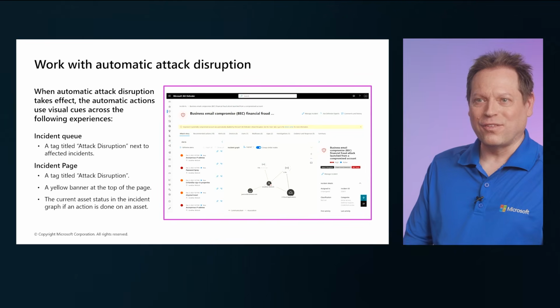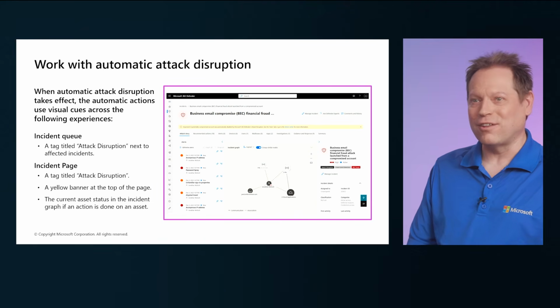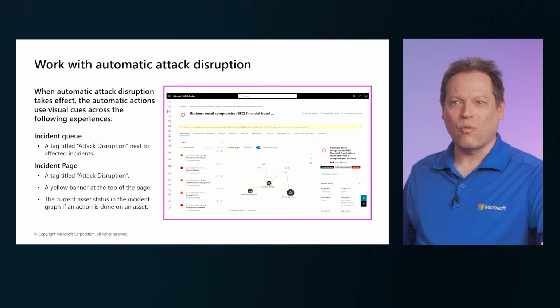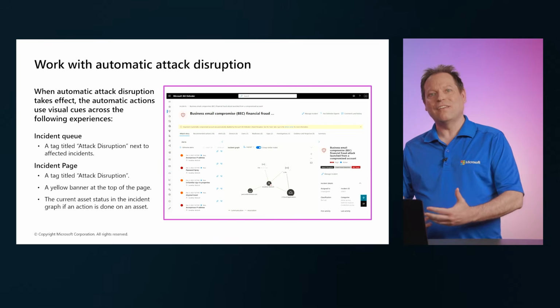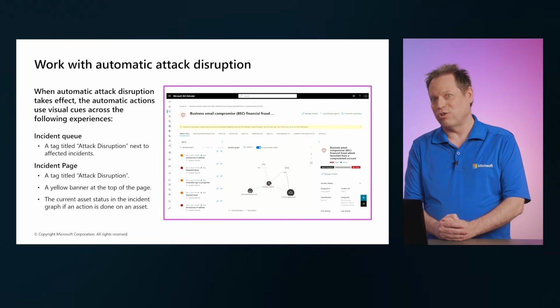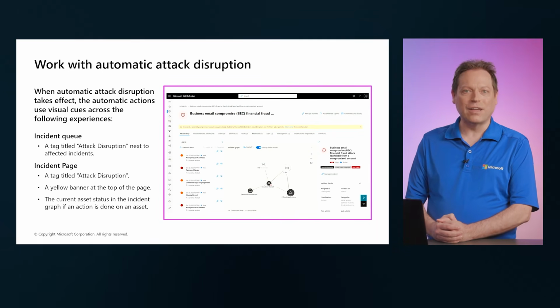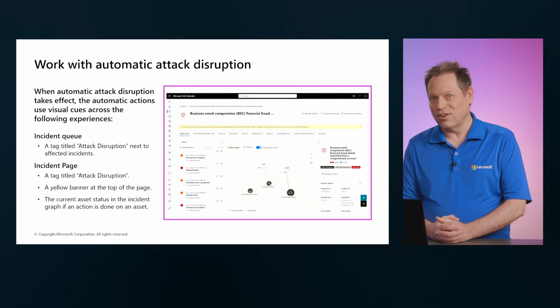In some cases, Defender can take rapid protective action through automatic attack disruption, particularly in scenarios like ransomware and business email compromise. Where disruption takes effect, the experience uses clear visual cues. In the incident queue, you'll notice a tag labeled attack disruption next to affected incidents.